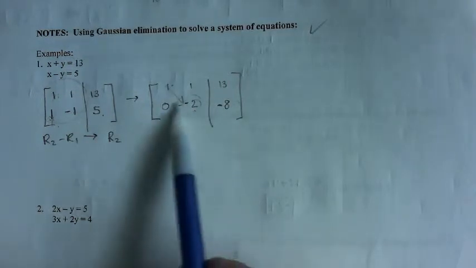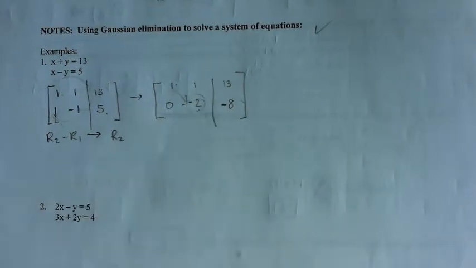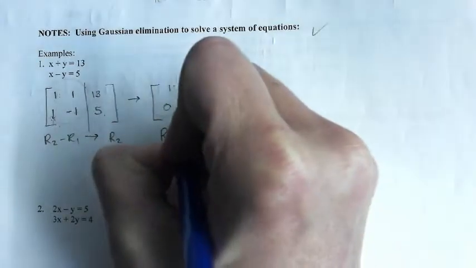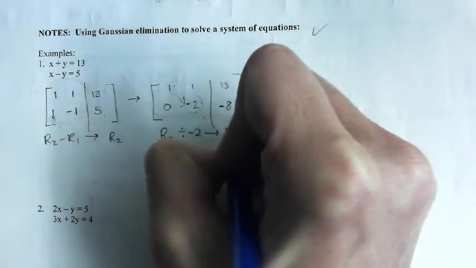Or divide row 2 by -2. Getting a 1 is easier because you can just multiply by or divide by. So I'm going to take row 2 and divide by -2 to replace row 2.